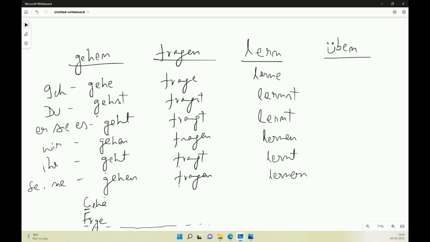Yes, that's right. Make sure you don't say it without the umlaut sound. This voice comes from the bottom of your throat. Üben. I mean, you need to give another additional 50 grams weightage while pronouncing this word. Otherwise, it's not that simple to pronounce.